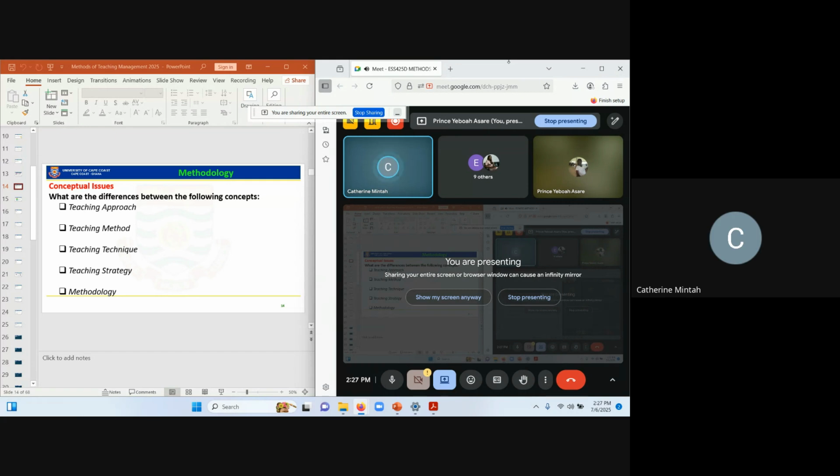Since I'm around. Please, as Poma said, with the method, it's how you are going to impact the content to the learners. Example is the method like the discussion methods and all those things.